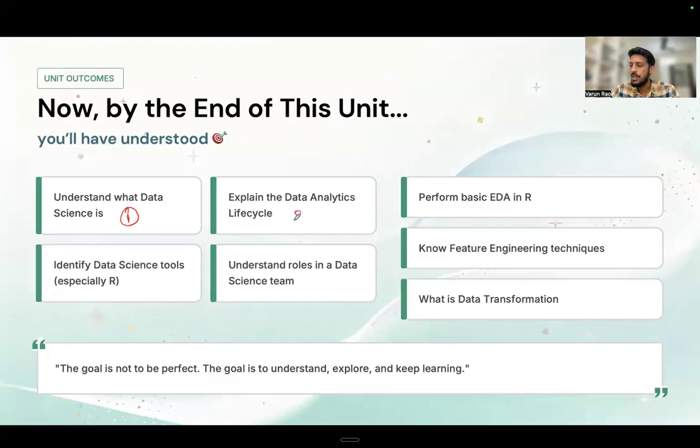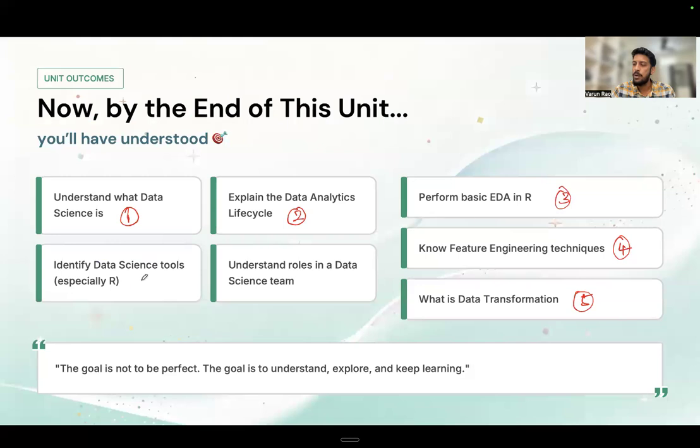You have understood the data science life cycle. You have understood what are the basic steps that we perform in EDA. Again, we will have a deeper look at what is EDA in the next unit, but we have known what EDA basically does. Then you have feature engineering techniques, which is 4. We've understood what is data transformation, which is 5, right?